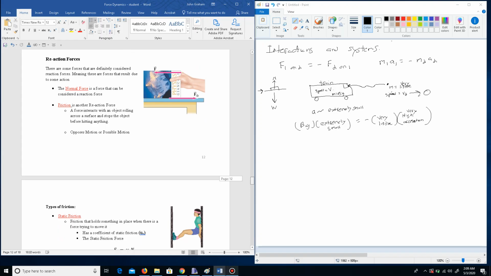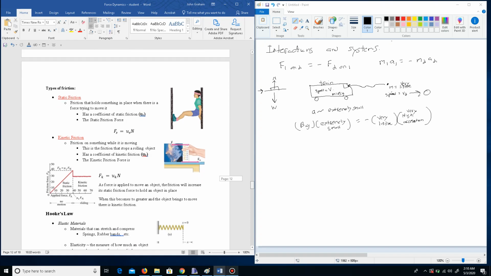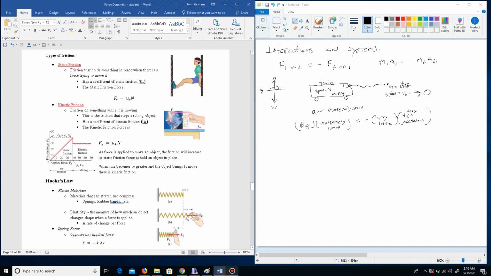Now, I've mentioned these before in the last video, but I do want to go a little bit more into detail with them. Static friction is the friction that holds something in place when there is a force trying to move it. We write what's called a coefficient of static friction. Basically, it's a percentage, so there are no units on it.